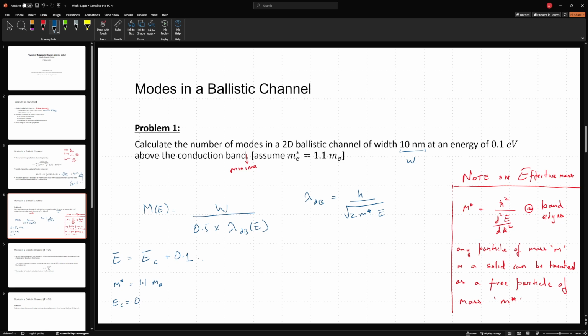So if EC is 0, then E is equal to 0.1 electron volts.